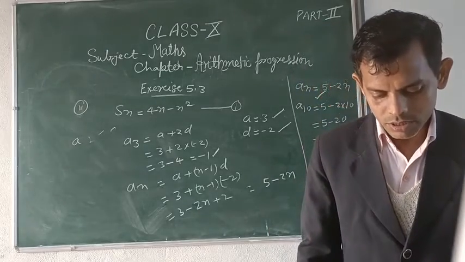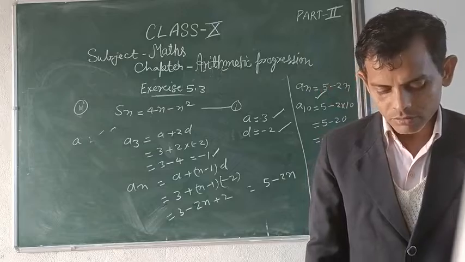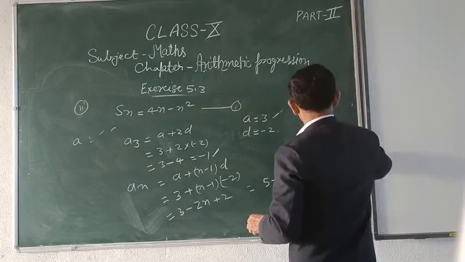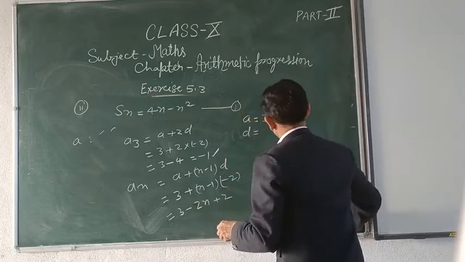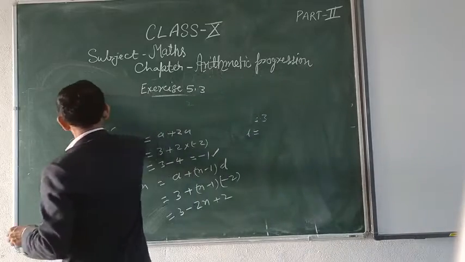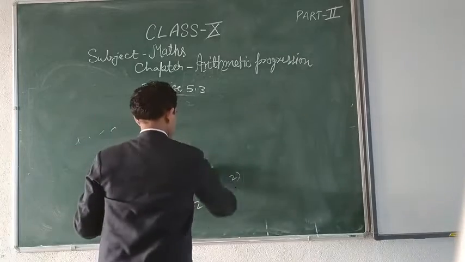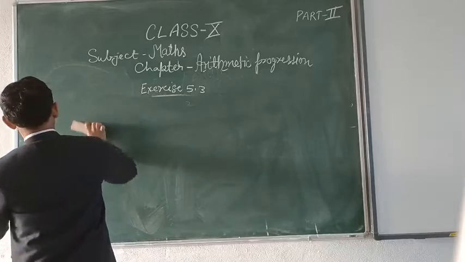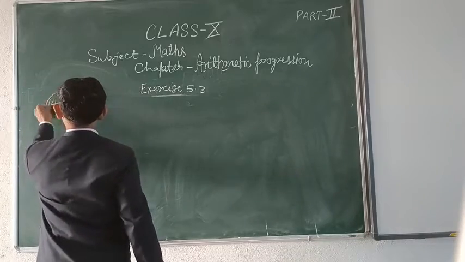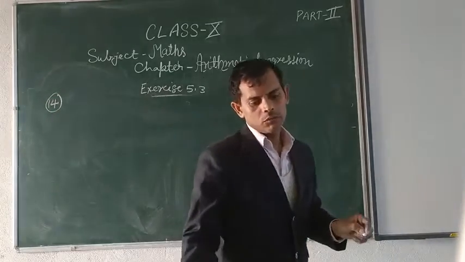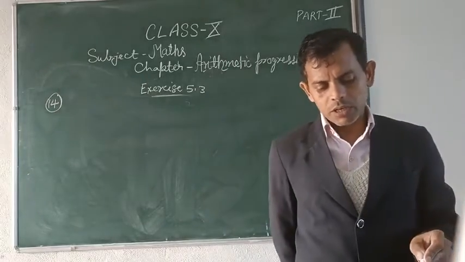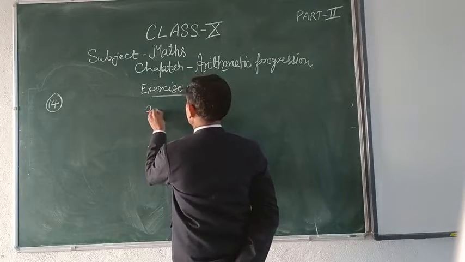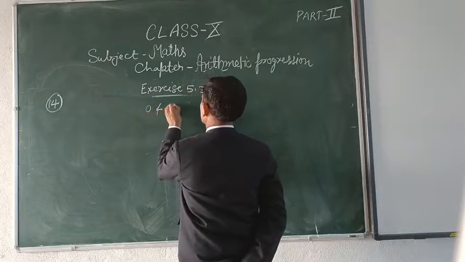Now just see question number 14. In question number 14, find the sum of the odd numbers between 0 and 50.